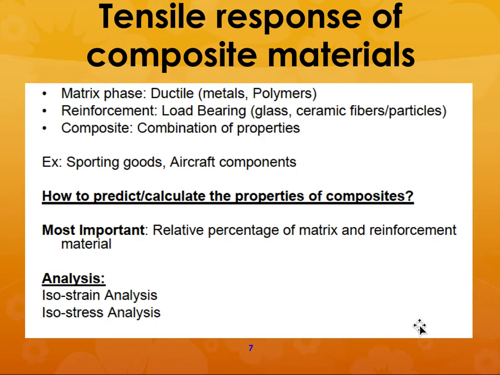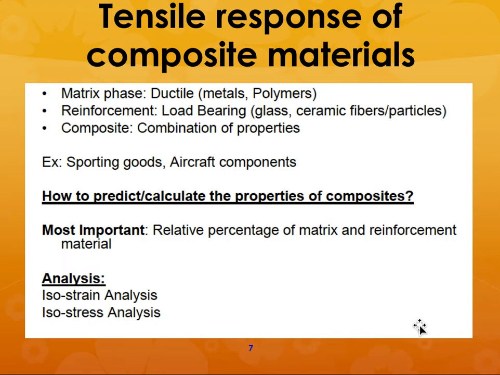I want to generally talk a little bit about composite materials. Why do we want to talk about composite materials? Composite materials are some of the most interesting materials ever discovered, because you are bringing together two entirely different materials, and you get a property that is somewhat in between the two.